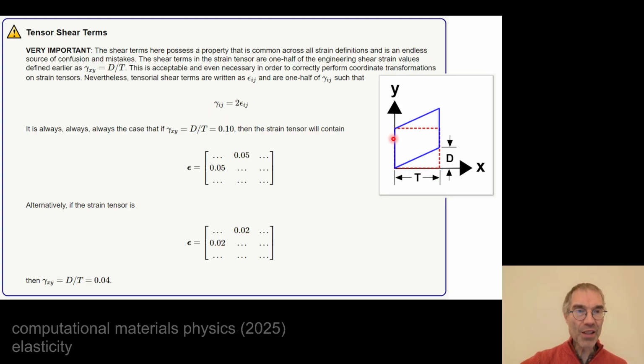If you take this red square and you shear it in the way that is indicated such that it becomes the blue square, then the ratio between this distance d and this distance t, so that's d over t, that is the engineering strain.